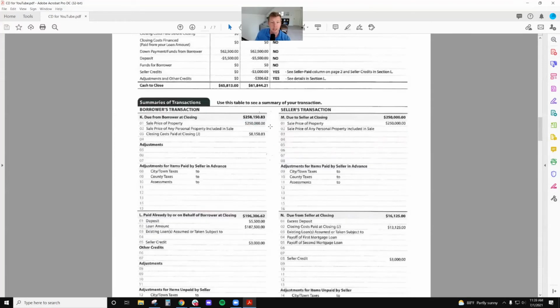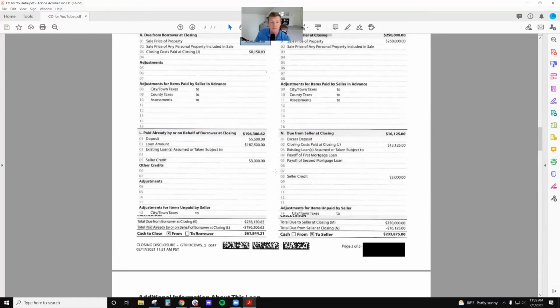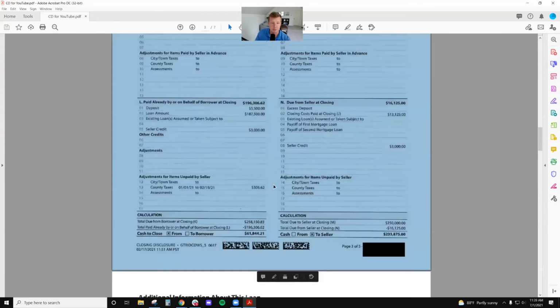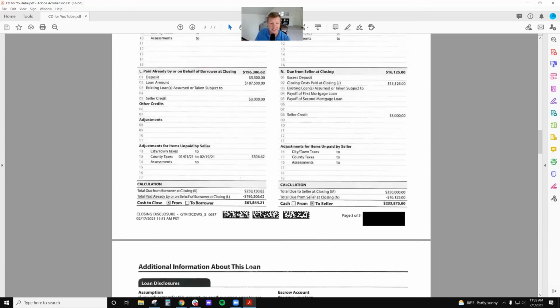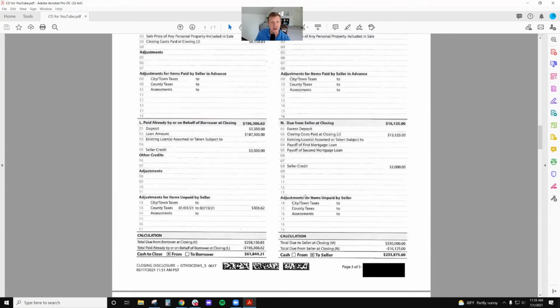So my building is worth $225,000, my land is worth $25,000. But I then have to go and subtract out the $3,000. So now I do $225,000 minus $3,000 because that's a benefit that I'm receiving. So I can't go and depreciate $225,000 because my actual basis in the property did not cost $225,000. It was $225,000 minus the $3,000 seller credit.